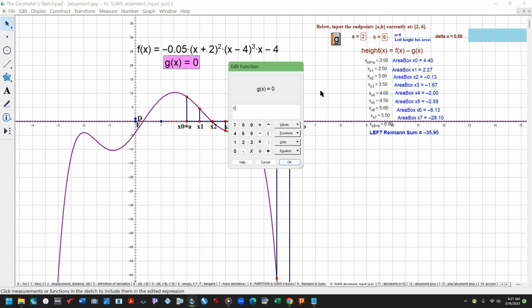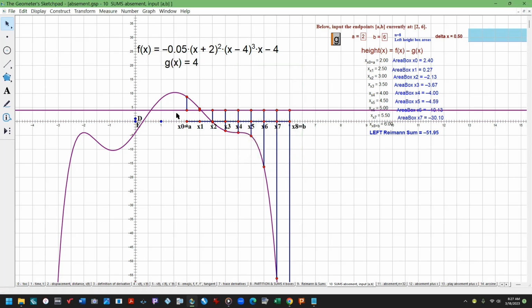Let's make it a 4. So now what we're looking at is these pieces, and it got even more negative. And let's just do one more.